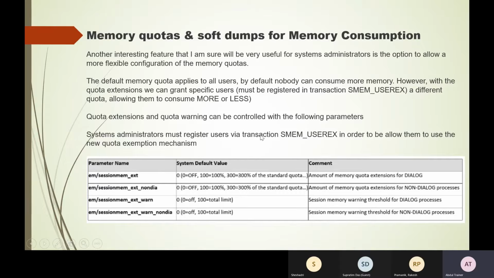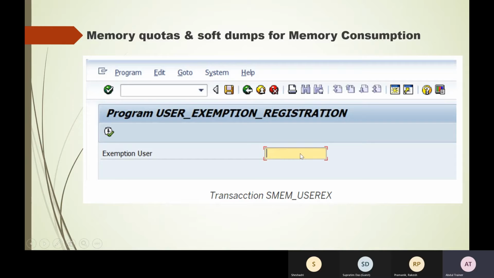So you can exclude some of the users, so that the quota will not be applicable for the exempted users. This is also a new T code introduced in the S4HANA system.